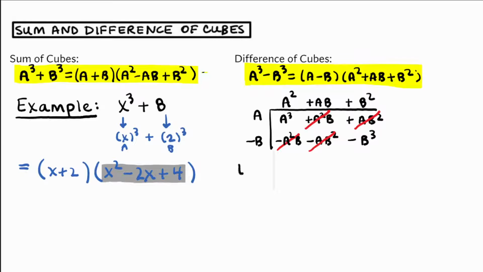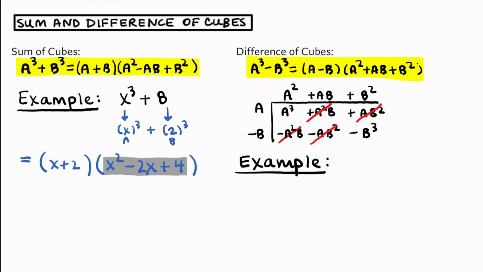So if I was going to do an example, I think the example in your book, let me just check and make sure real quick. Yeah, it's x to the 3rd minus 27. Okay, so my job here is to say, what is this the cube of? x cubed is the cube of x, and 27 is the cube of 3. So in this situation, a is x and b is 3.